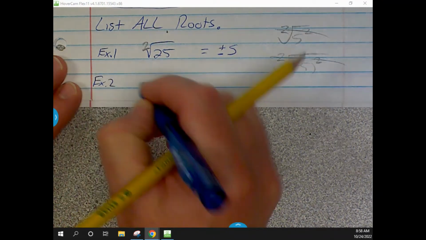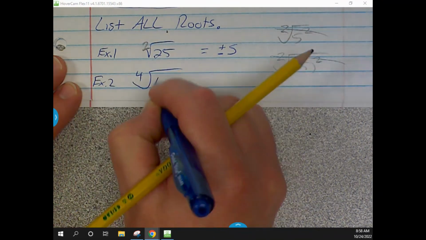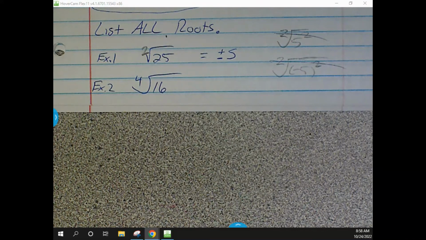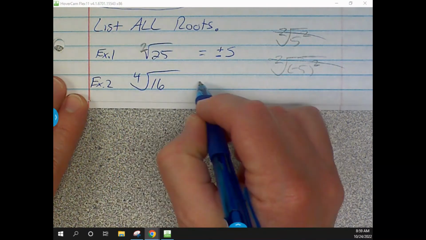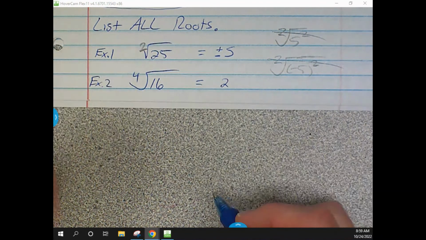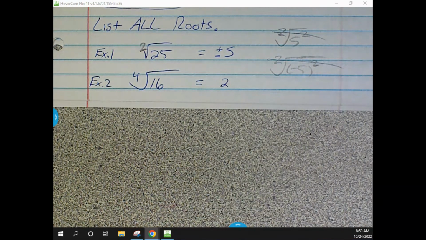All right, so for this one, let's go with the 4th root of 16. If we go through our powers of this, the 4th root is 2. But what happens if we do a negative times a negative times a negative times a negative?